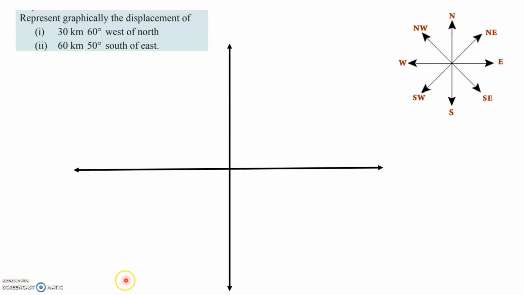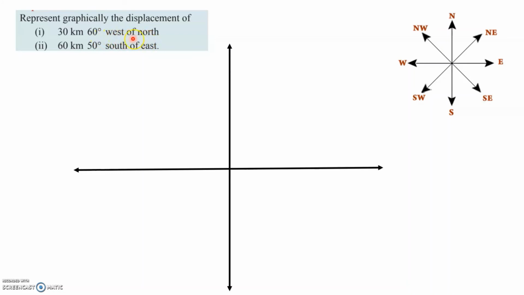Let us mark this problem here, which says represent graphically the displacement of 30 kilometers 60 degrees west of north. So what I'm going to do is I'm going to assume this magnitude, whatever we're going to scale, is 30 kilometers, but we would keep our prime focus on the 60 degrees west of north.